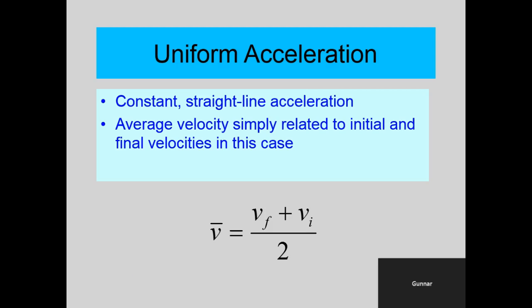Now, if you recall, we had an earlier definition for average velocity. Some books use S, some people use D. I'm trying to think which this one used.